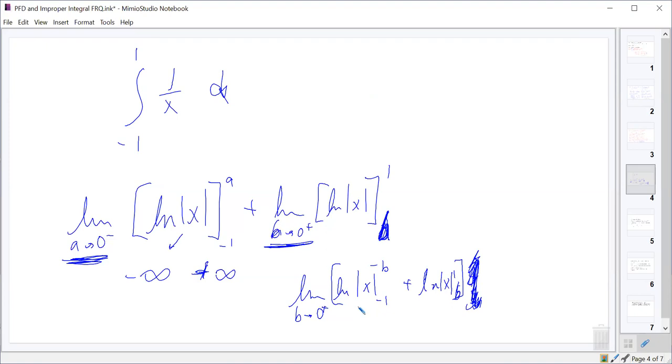I still would say that because these limits that you've attached to the natural logs are different, that will disallow you from combining those two things together as just natural log of x over x.